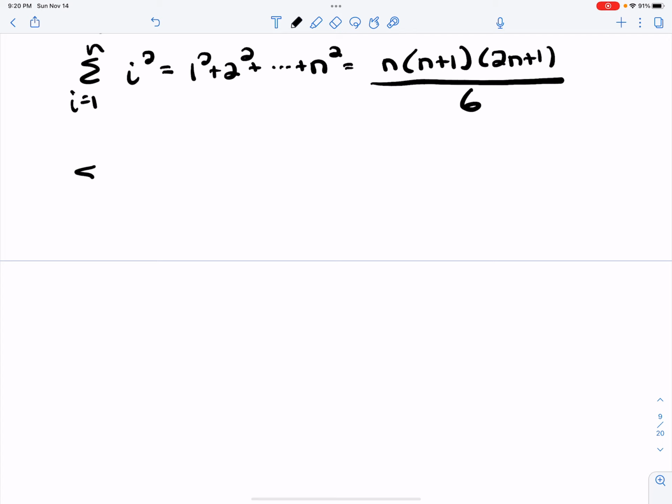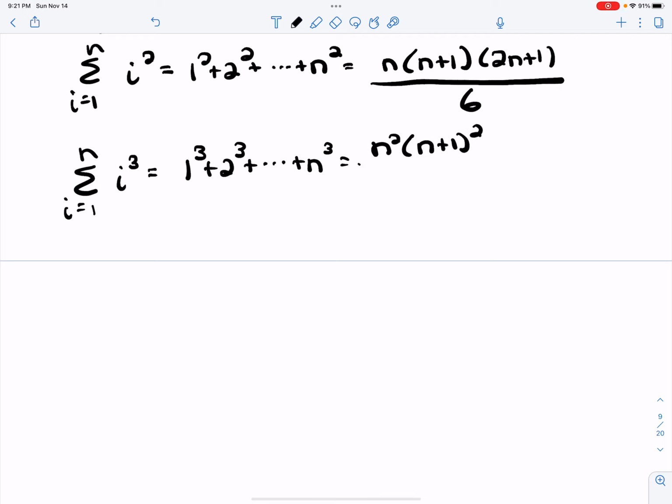And then for i equals 1 to n of i cubed, so that's 1 cubed plus 2 cubed, all the way up to n cubed, you can have n squared times n plus 1 squared over 4.